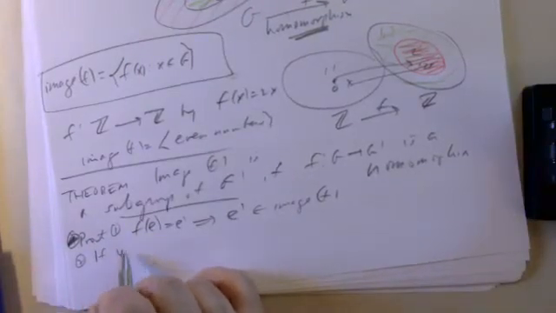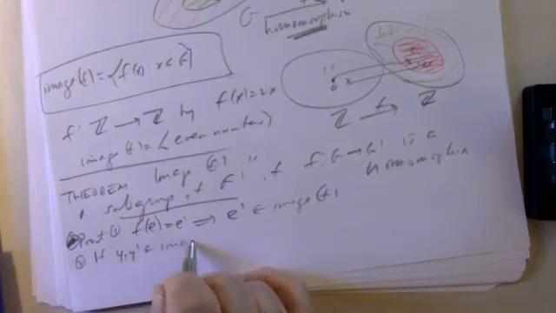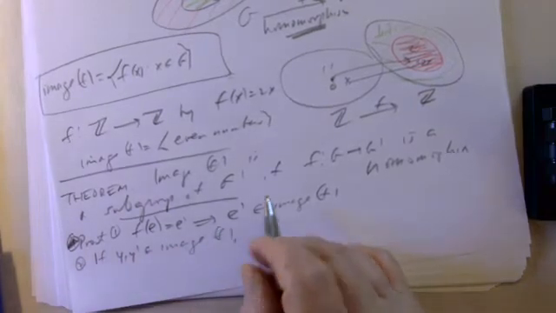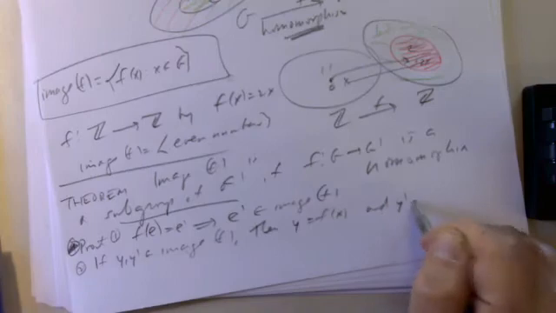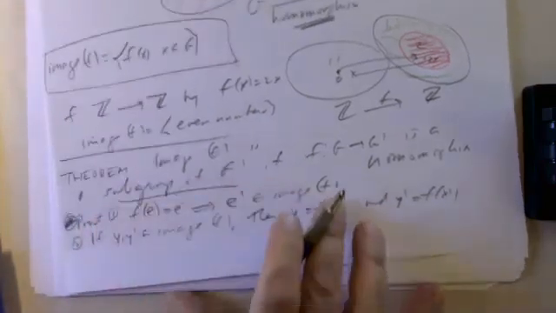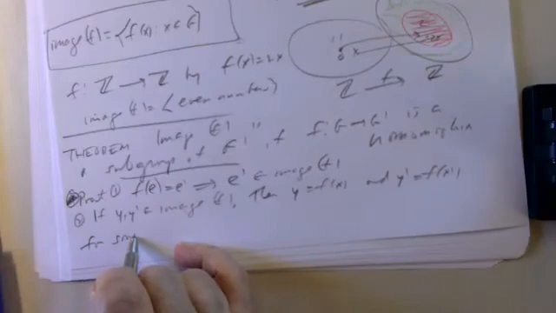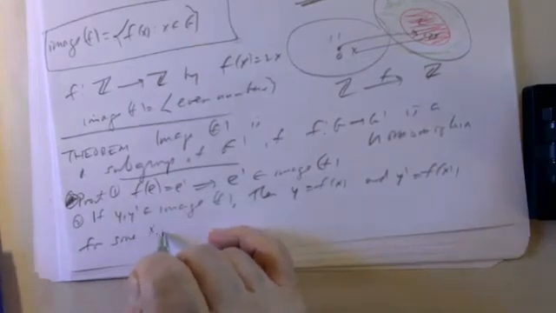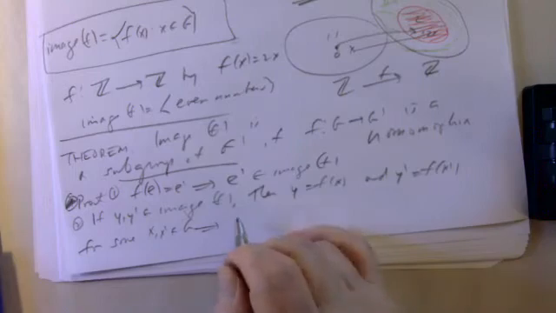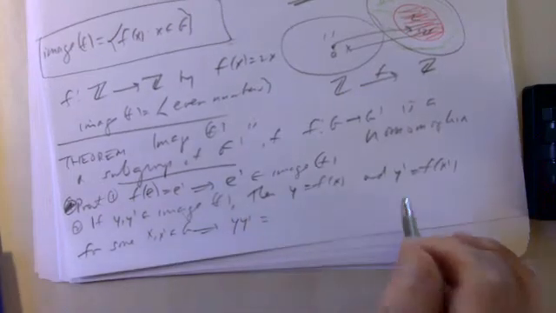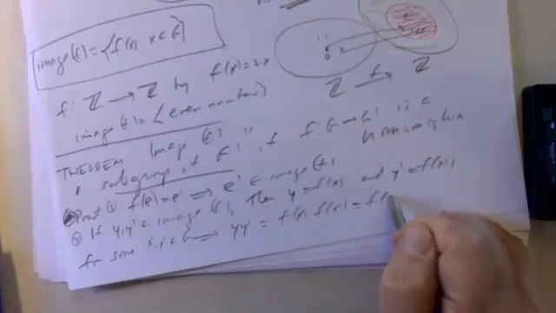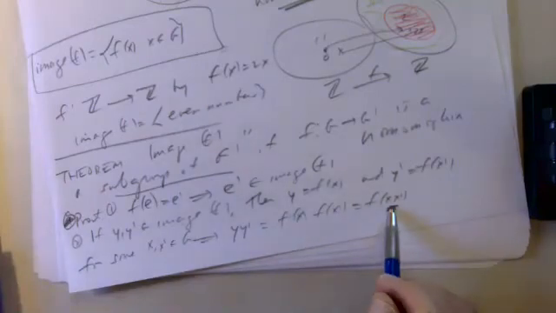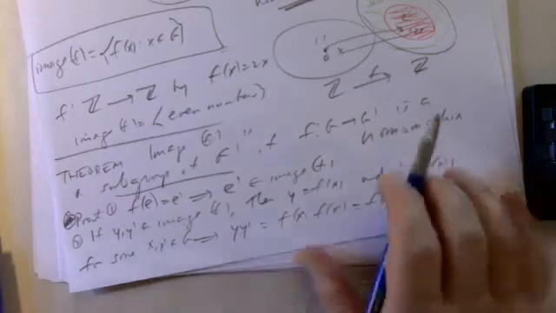So if y and y prime are in the image of f, then that means y is f of x and y prime is f of x prime for some x and x prime in G. And that means that y times y prime is f of x times f of x prime, but that's f of x times x prime. That's an element, x x prime, which is an element of G that f maps to y y prime.